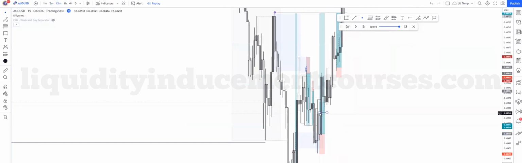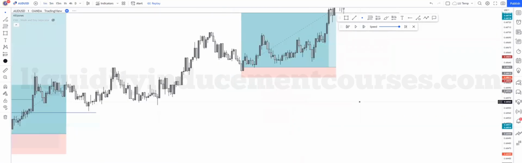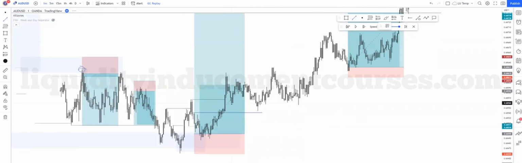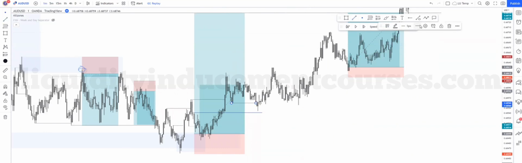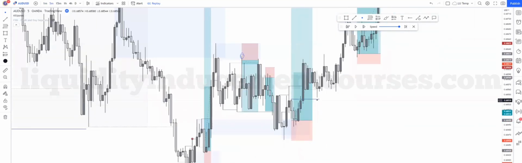It's a 15-minute imbalance. The liquidity was here. That's the inducement. The closest thing was, oh, okay, I see it. It was this right here. It was a 5-minute imbalance for price action. All right, cool.